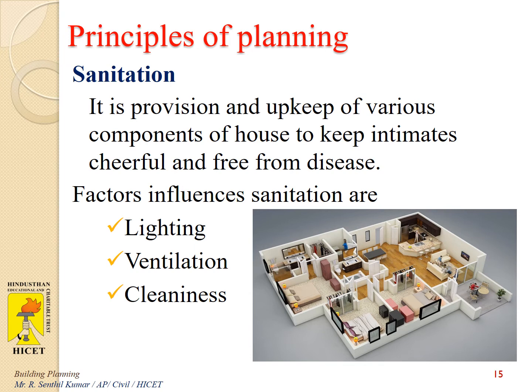And sanitation, it is the provision and upkeep of various components of the house to keep it cheerful and free from diseases. The factors influencing sanitation are lighting, that is the sunlight, ventilation, proper ventilation provided throughout the house, and cleanliness.